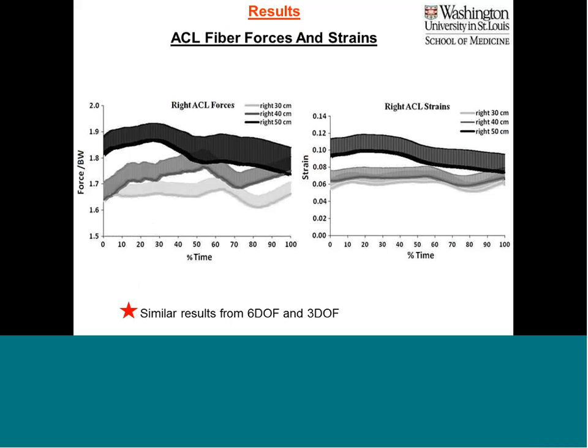They were much higher in the 50 centimeter jump than either the 30 or 40. And the effect of the valgus, as you can see from both the force and strain diagrams, was quite significant.